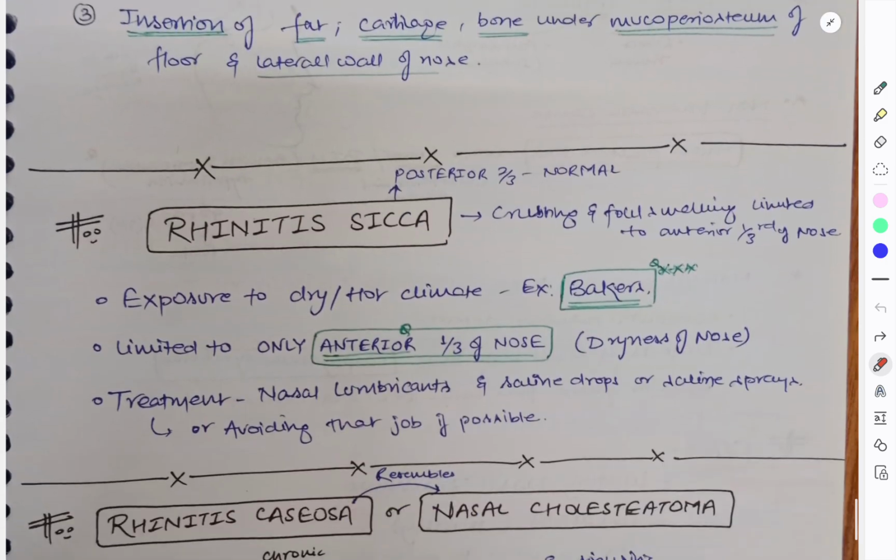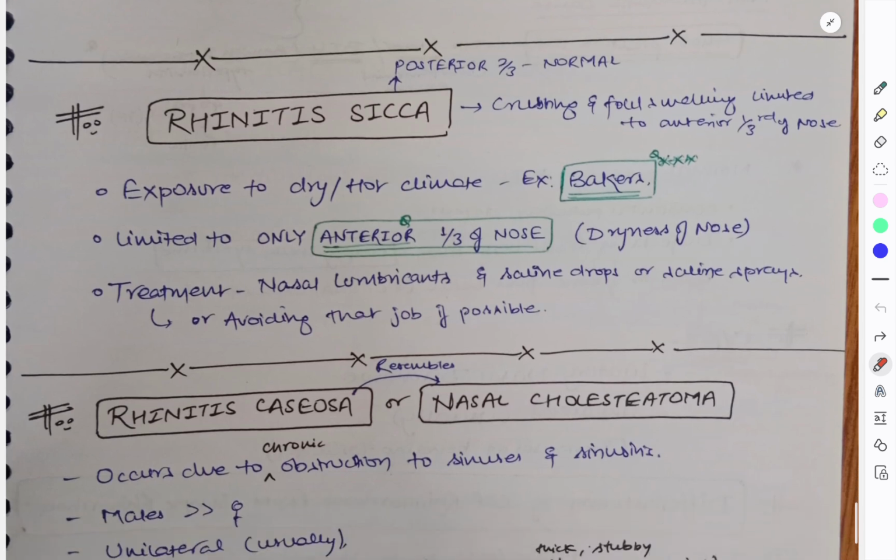Coming to two or three more entities, the first one is rhinitis sicca. Rhinitis sicca shows crusting and foul smell, but limited only to the anterior one-third of the nose, while the posterior two-thirds is normal.